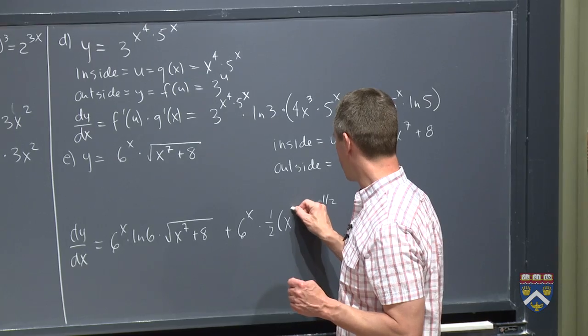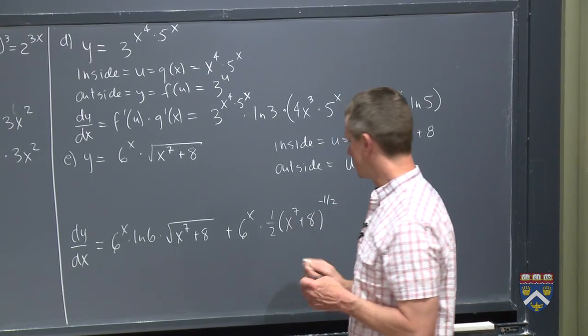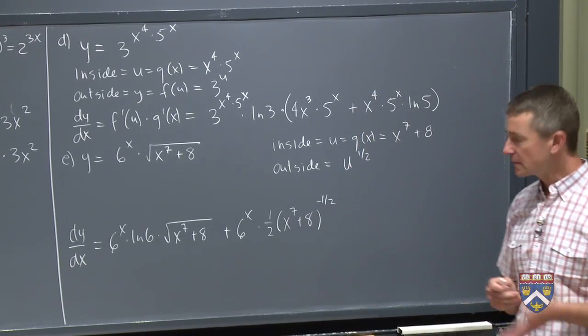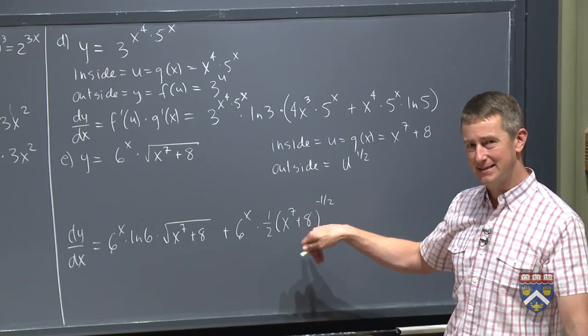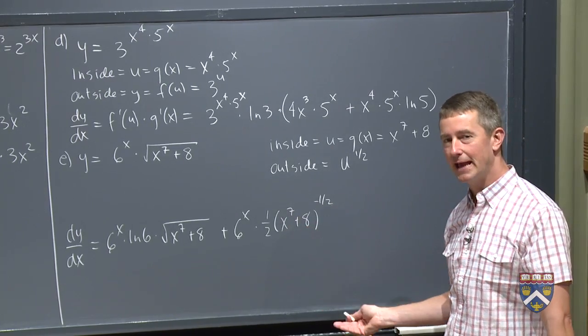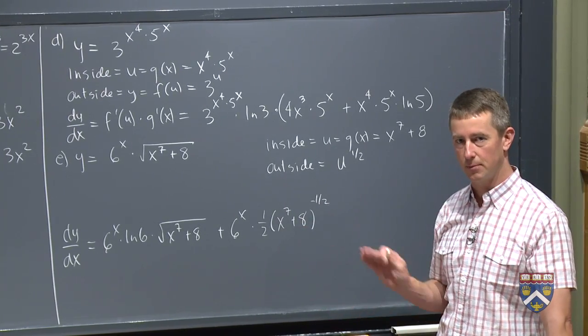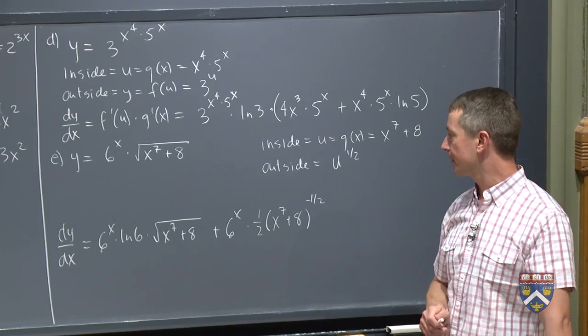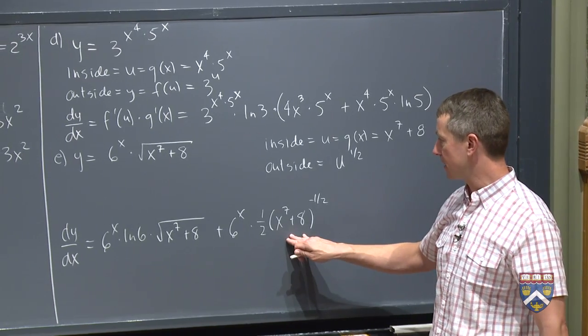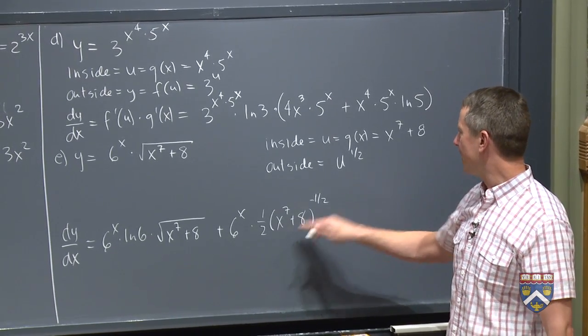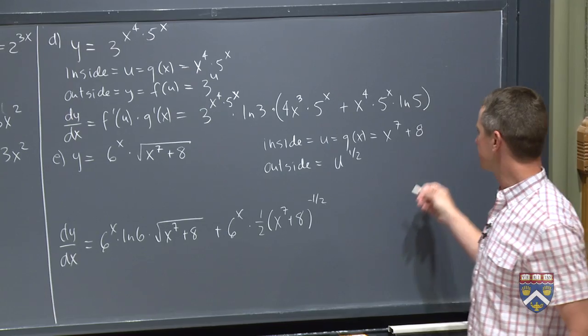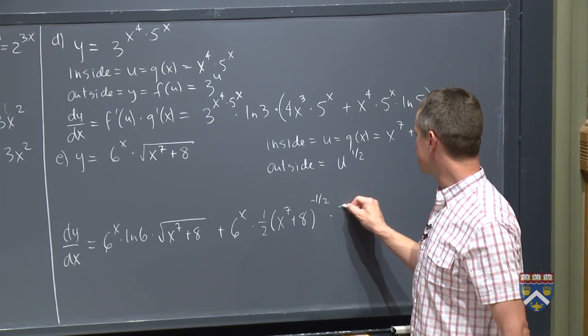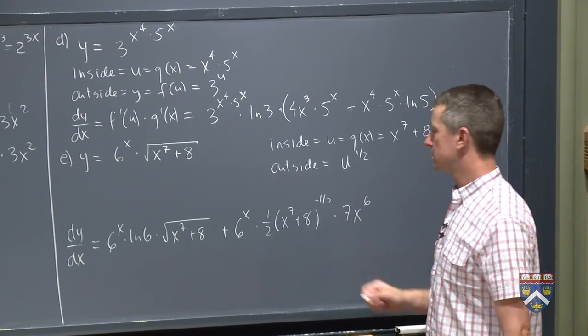So that doesn't change on the inside. So if you were tempted to put 7x to the 6th inside here, you were taking the derivative of the inside too soon, the most common chain rule mistake to make. So this is the derivative of the outside. And then we're supposed to multiply that by the derivative of the inside. So the derivative of x to the 7 is 7x to the 6.